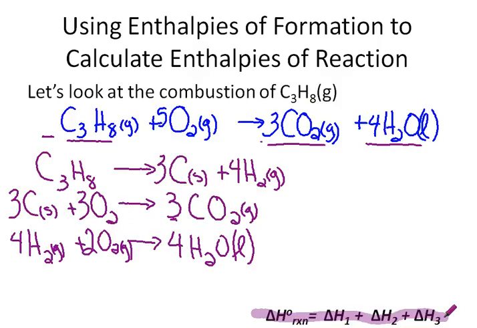So we're going to have a delta H for this, which we're going to call H1. We're going to have a delta H for this, and we're going to call that H2. And we're going to have a delta H for this, and we're going to call that H3. All right?